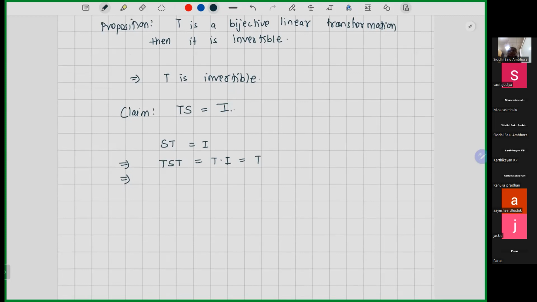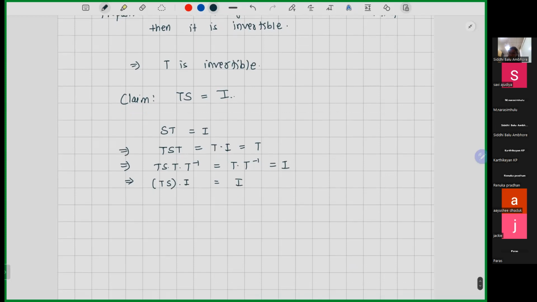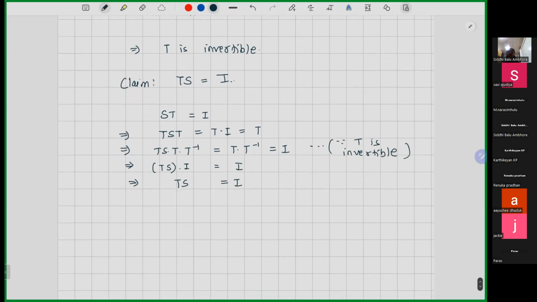So T inverse exists. So now we can post multiply this by T inverse. So I get TS into I, and TT inverse is now I. So I get TS is equal to identity. And we could do this because T is invertible. We explicitly proved that T is invertible, and that's why we could multiply this by T inverse.